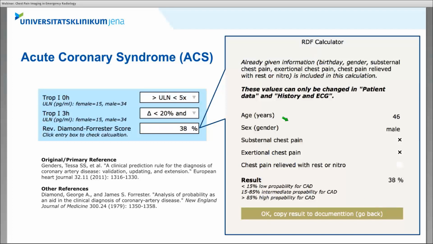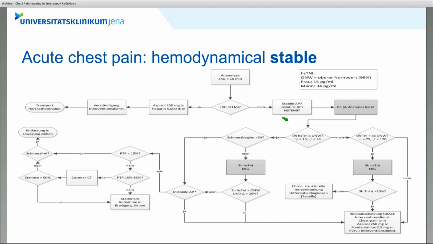We have a male patient, 46 years old, with sustained chest pain on exertion and at rest, and there was no relief at rest or with nitro. We calculated a pretest probability in this case of 38%, which means he has an intermediate probability for coronary artery disease. So in this case, you might decide to go for a cardiac scan.